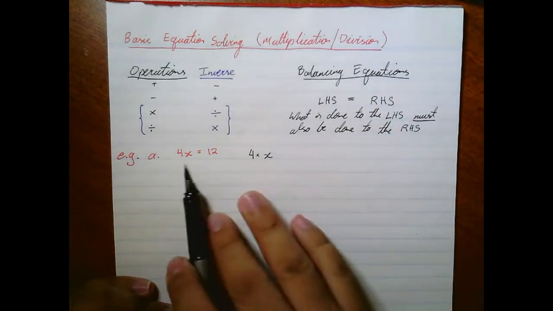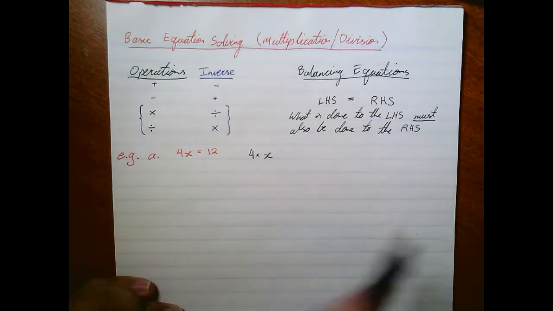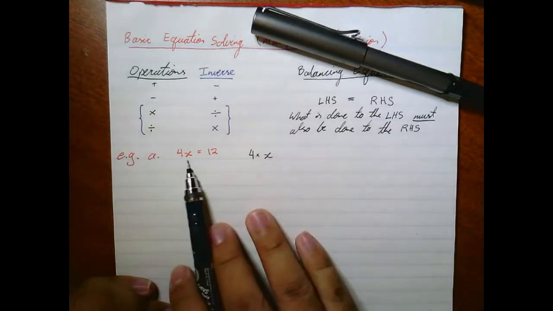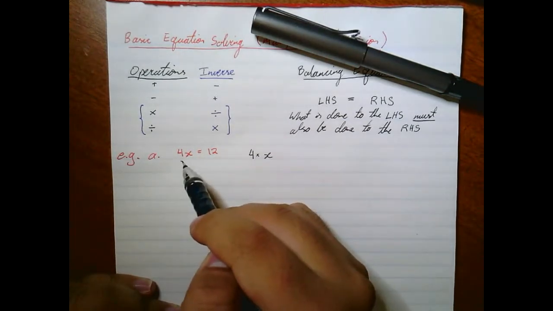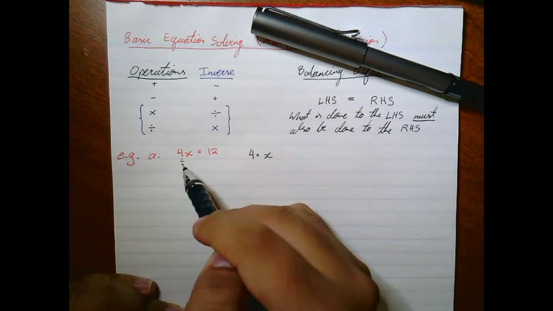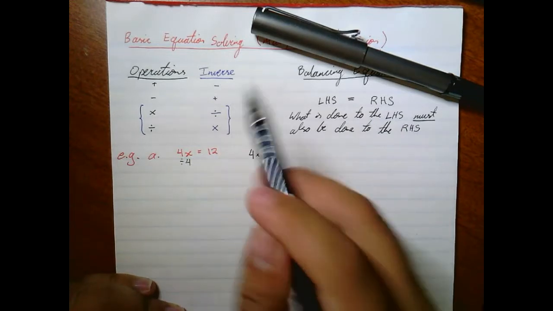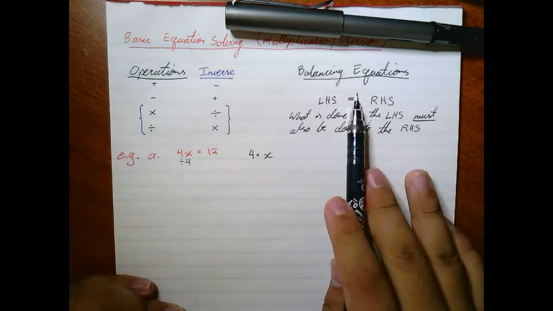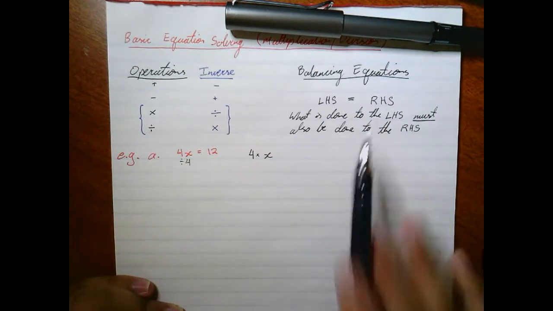Since we know that 4x is 4 times x, the inverse here is division. So we're going to apply an inverse of 4 here. And as it states in balancing equations, what is done on the left must also be done on the right.